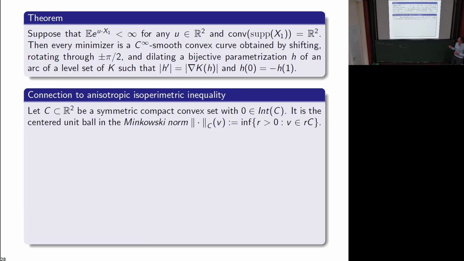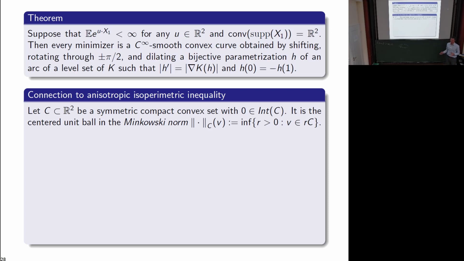And let's go into the theorem. The theorem says that under our assumptions, every minimizer is a smooth convex curve obtained in the following way. Take a certain level set of our log Laplace transform.